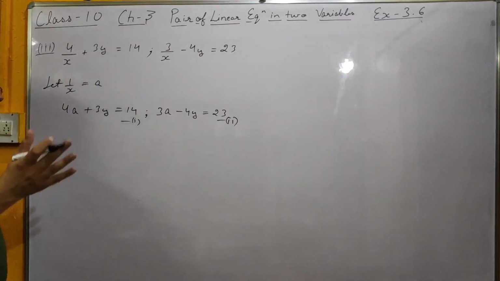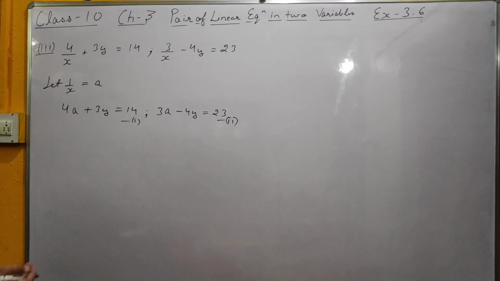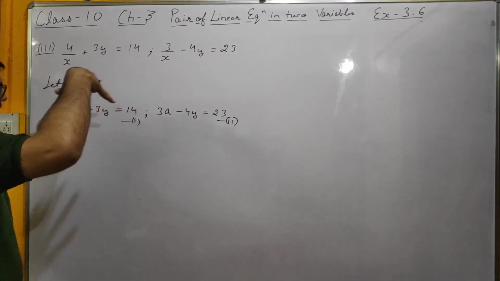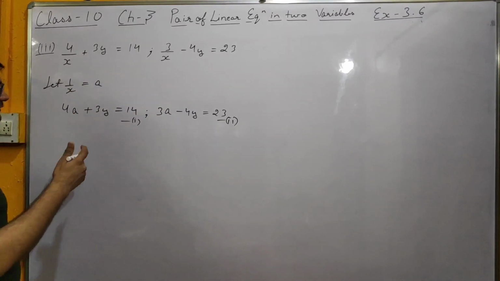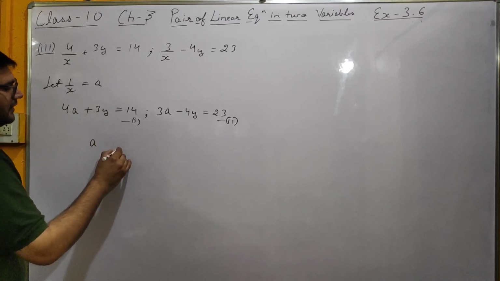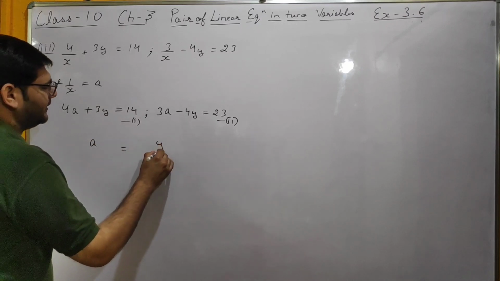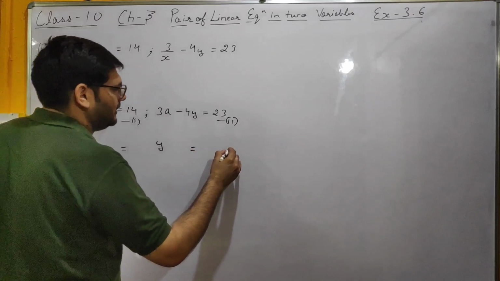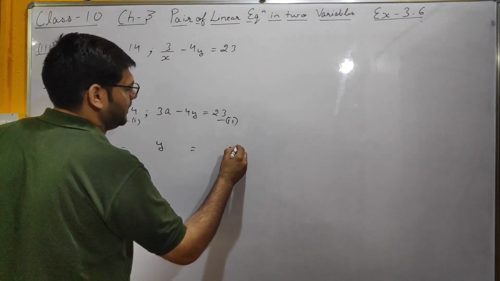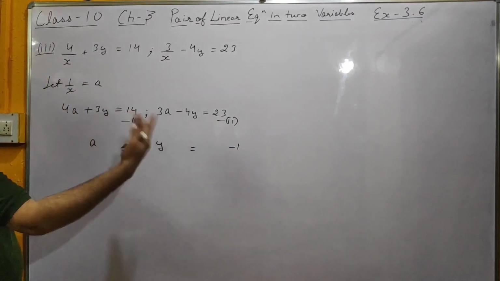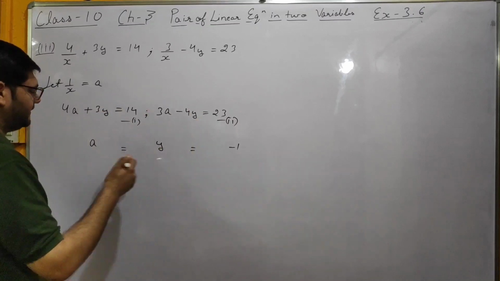Now, my dear students, just solve it in the same way. This time let's use the cross multiplication method. a equals, then y equals, and then minus 1, because the constant is towards the right side.